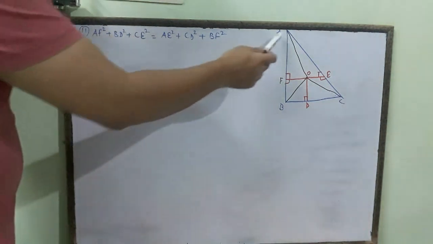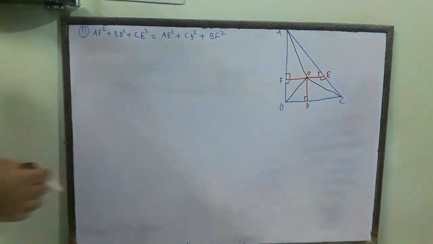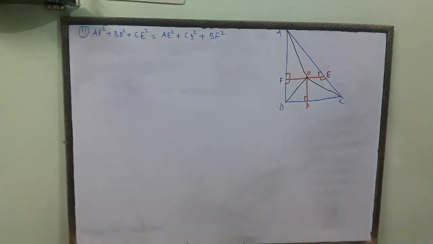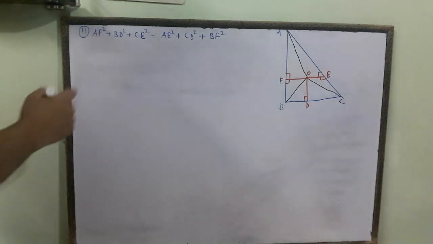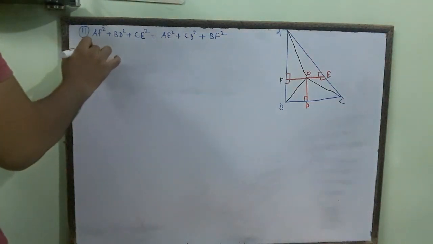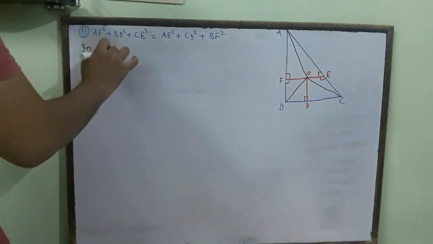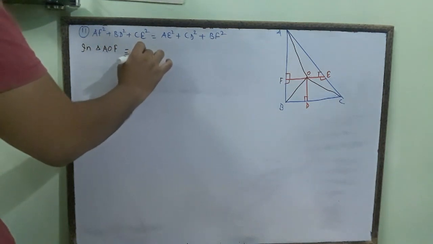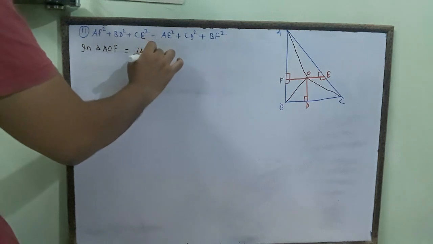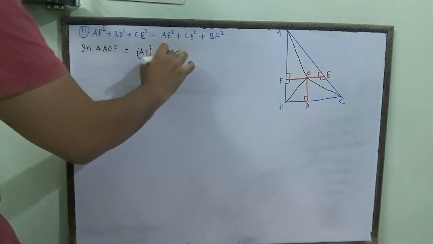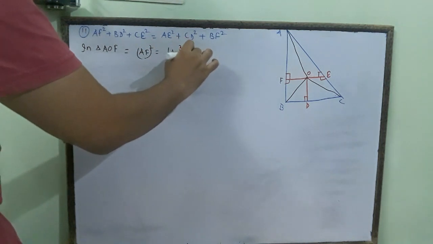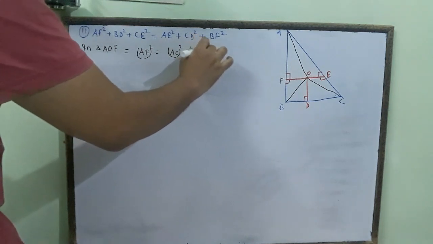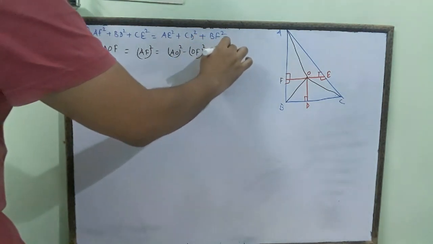We have to use triangle AOF and find the relation of AF, AO and OF. So in triangle AOF, AF square is equal to AO square minus OF square by PGT.